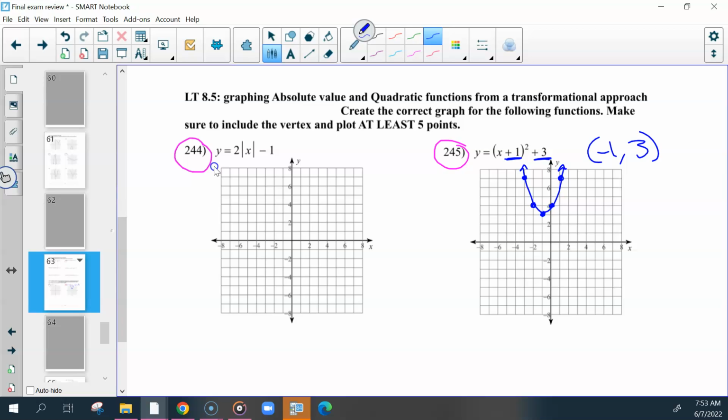But after you get your vertex, if you want to check this in your calculator, you can do that also. So you could go into y equals and type this in. I have it, but it's not over here.